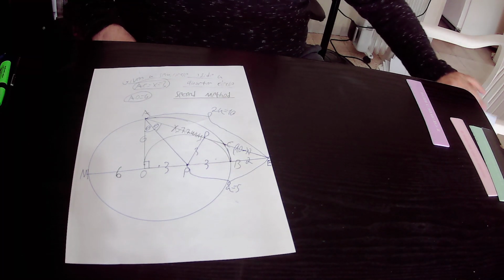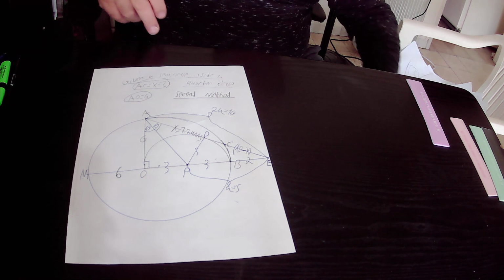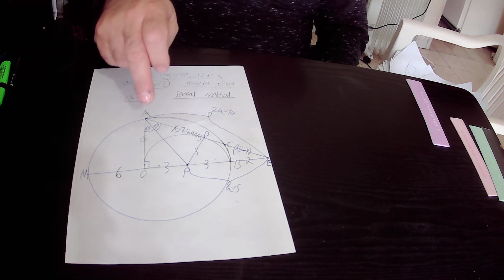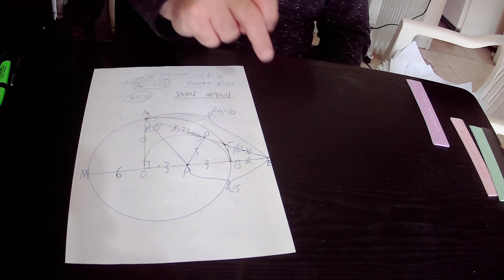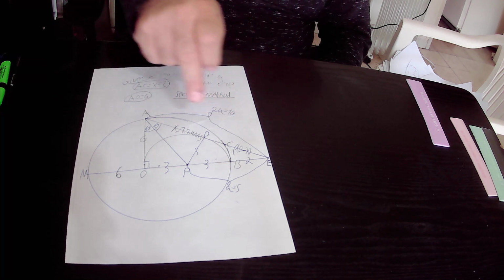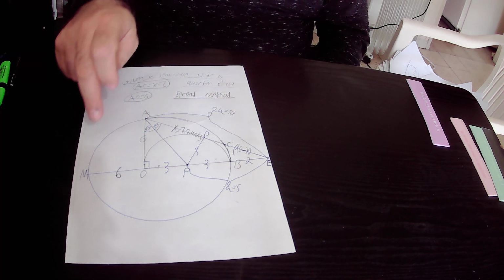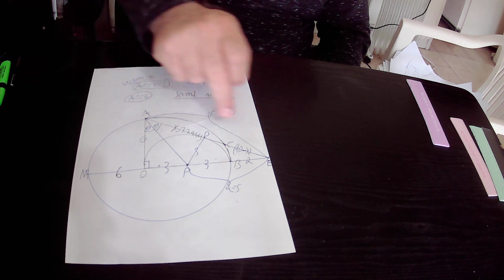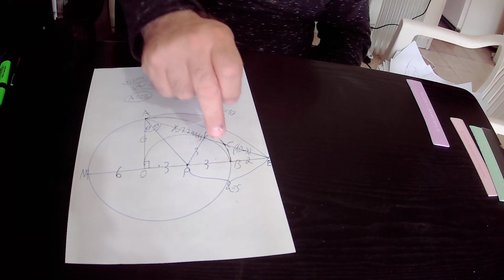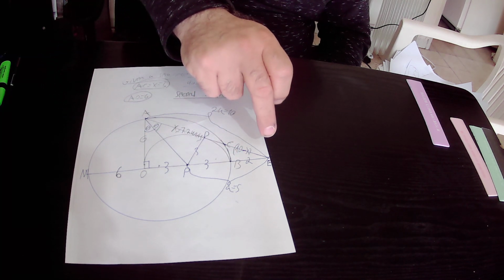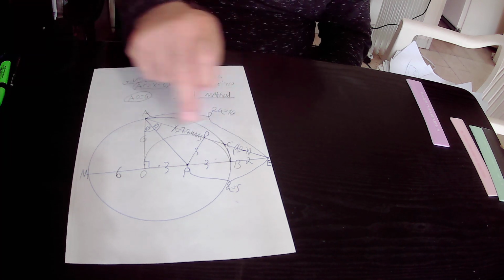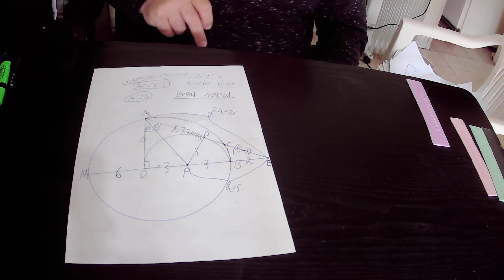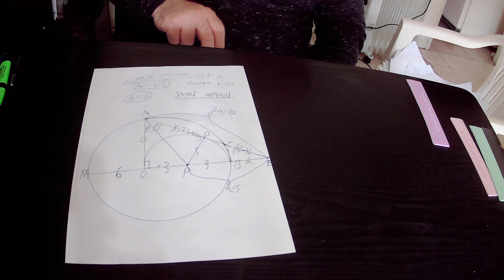Why? Because in our drawing we have chord AC that intersects with chord MB at point E. Point E is the intersection point of chord AC with chord MB, that is, of course, outside the circle.